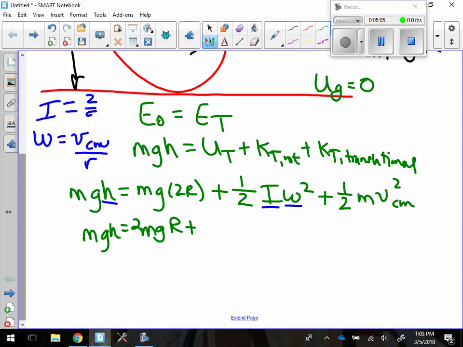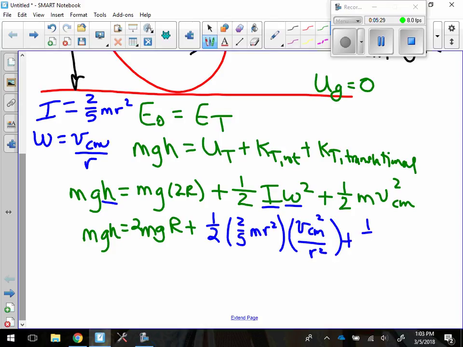Yep. I think we did that part too. Okay. And it's the little r because it's the radius of the sphere. So if I substitute all that in, I've got 1/2 times 2/5 mr squared. And omega squared is going to be v center of mass squared over r squared.